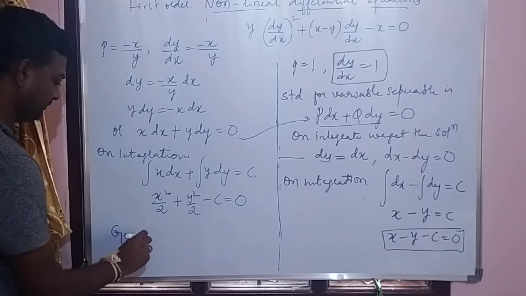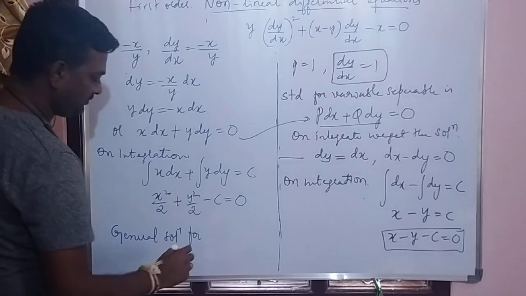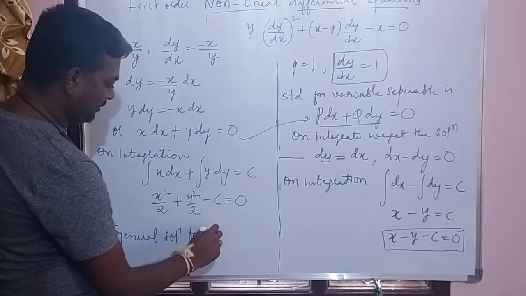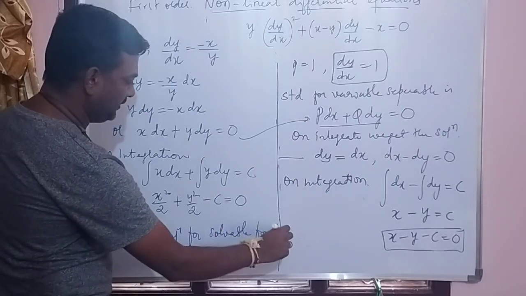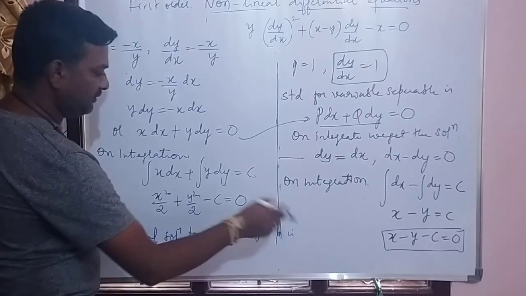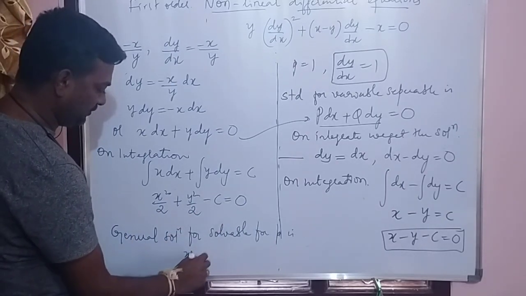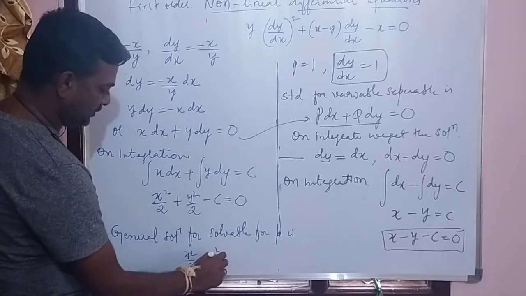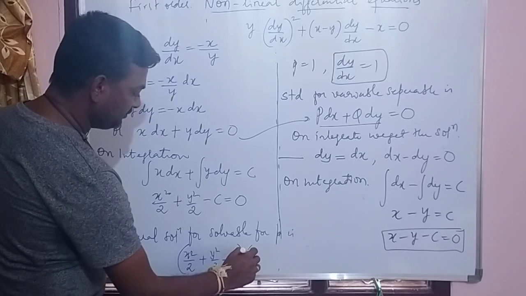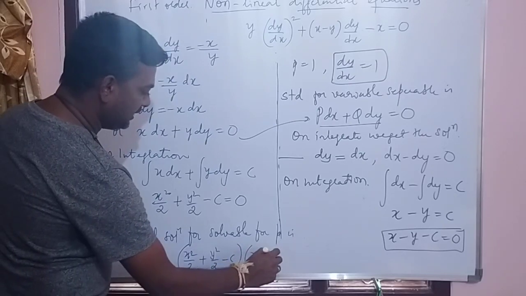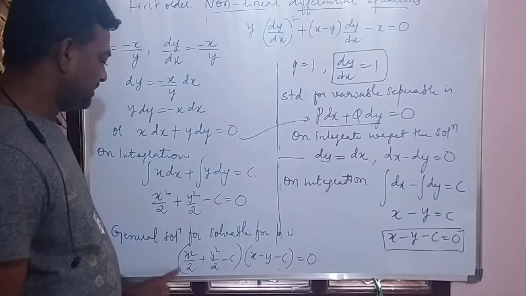Therefore the general solution for solvable for p is the product of these two solutions, that is x square by 2 plus y square by 2 minus c, into x minus y minus c equal to 0. Okay, this is the general solution.